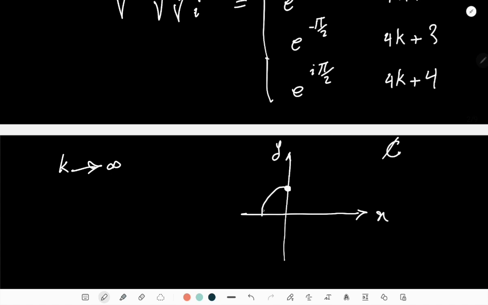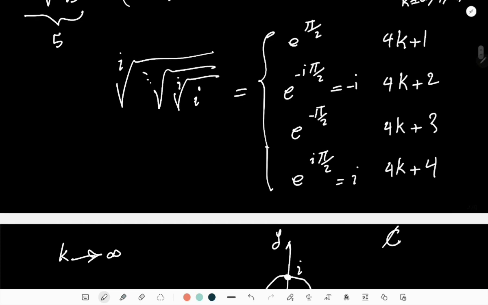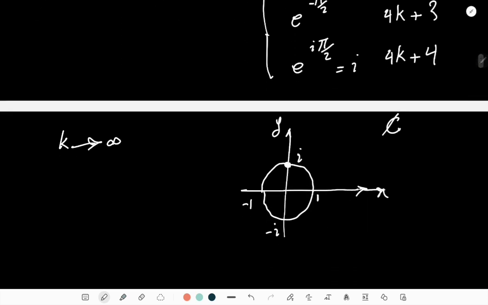Let's say this is minus 1, and this is i, this is 1, this is minus i. If you look at these values, e to the power of minus i pi over 2 is basically minus i, and this guy is also i. So e to the power of pi over 2 is somewhere here. Let's say this is e to the power of pi over 2.